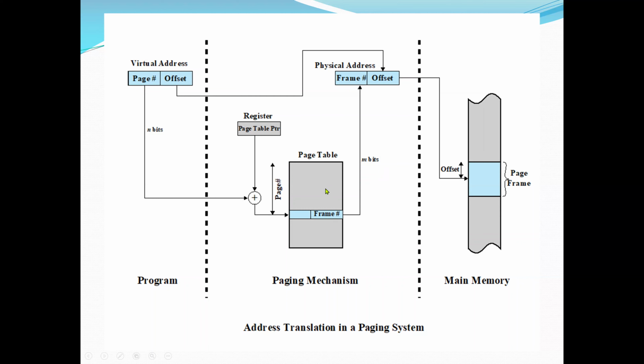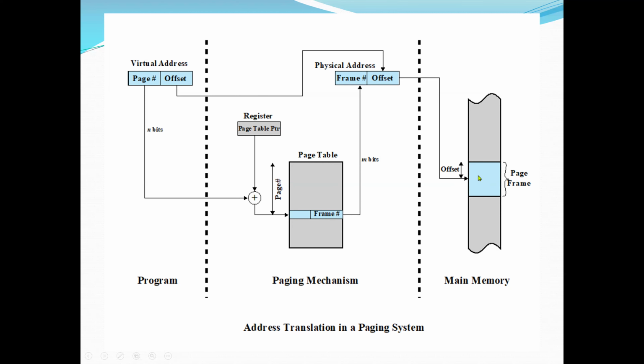We can see from our diagram the page table, and the virtual address with the page number and its offset, which must be translated into a physical address with the frame number and offset. The frame number is obtained from the page table using its register. This is the paging mechanism. The program is then loaded in main memory, where we have the page frame and the offset.